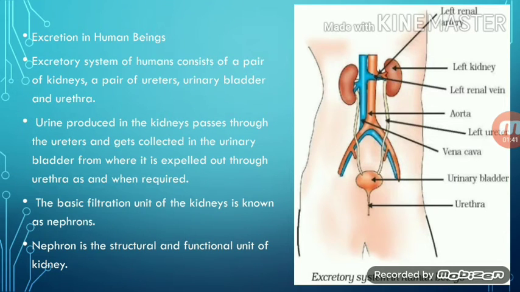See in this diagram. First, see the kidney, from where two tube-like structures originate, which carry the urine to the bladder. These tube-like structures are the ureters. The ureters collect the urine in the urinary bladder, and then when there is an excess amount of urine, it will be discharged through the urethra.